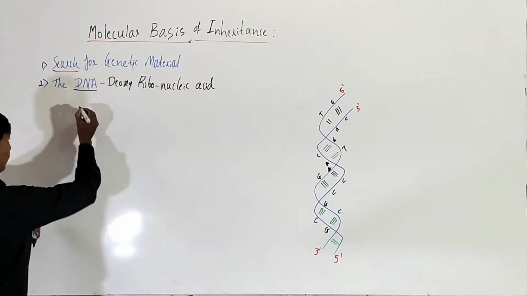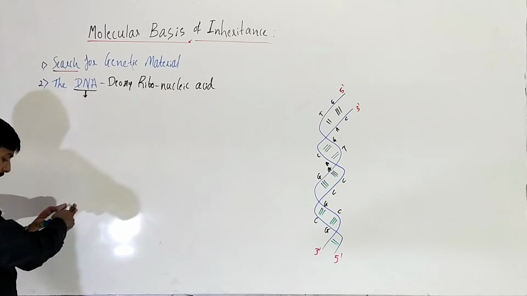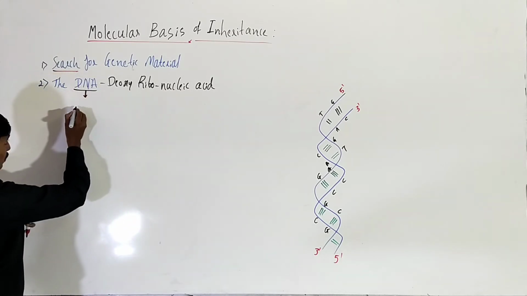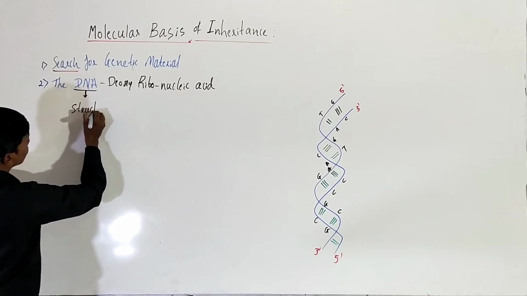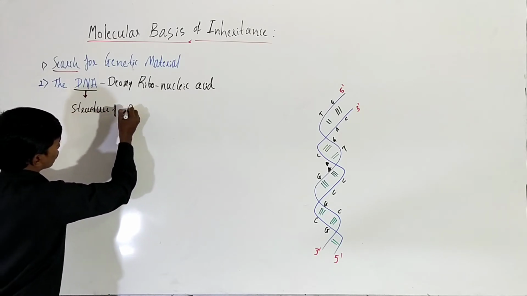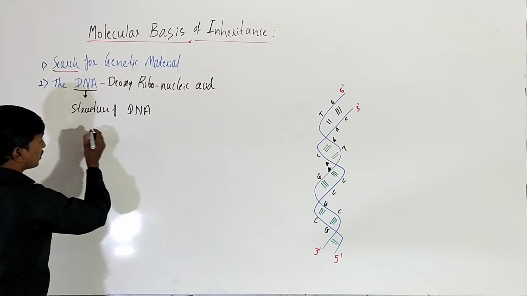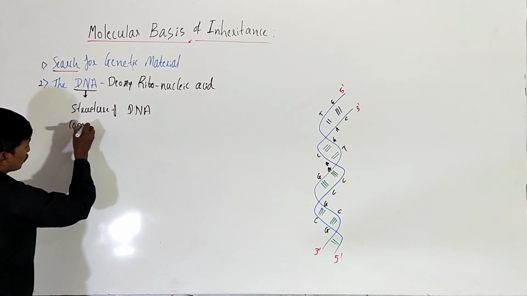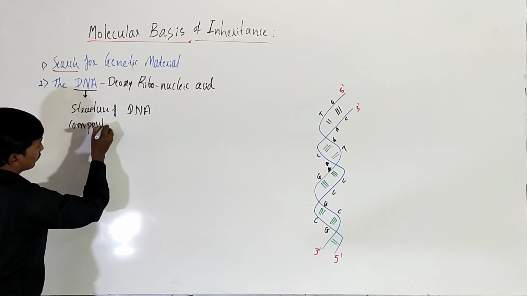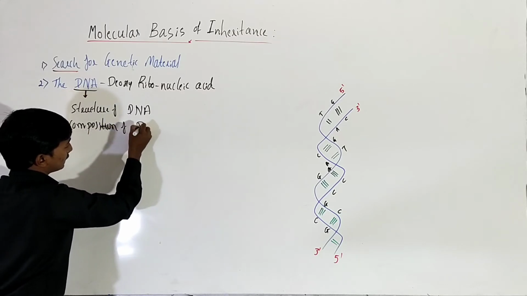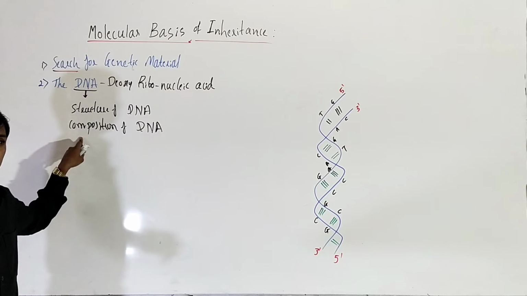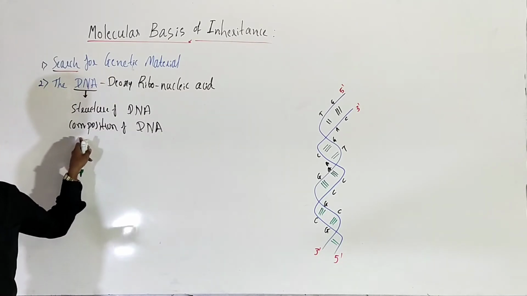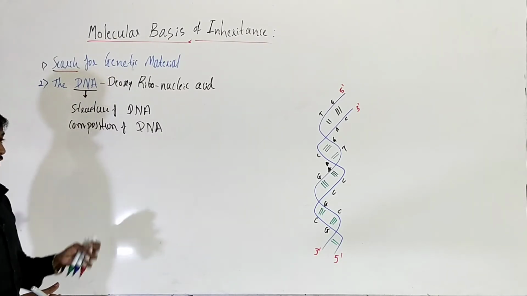For example, here we will discuss the structure of DNA. Not only structure, we study the composition of DNA. Composition means chemical composition, what are the chemicals present in the DNA.